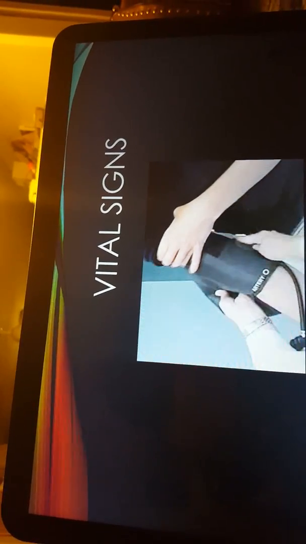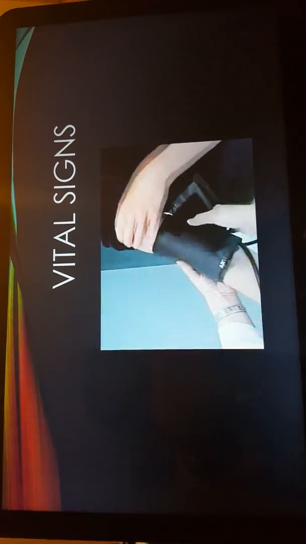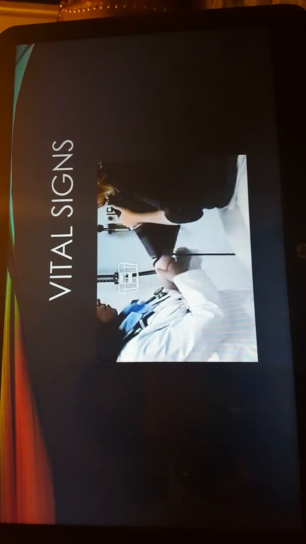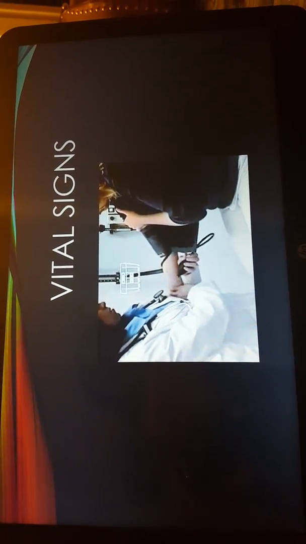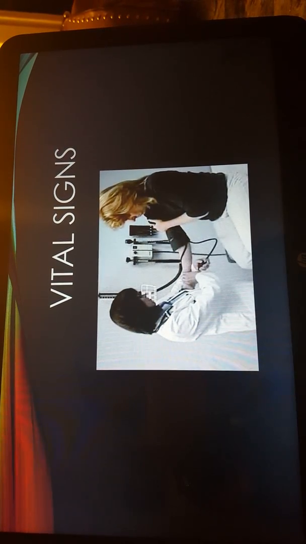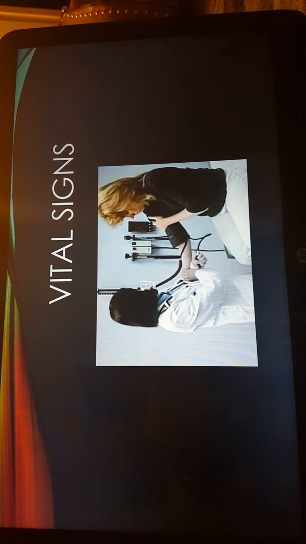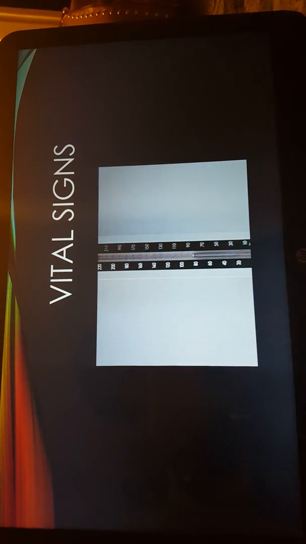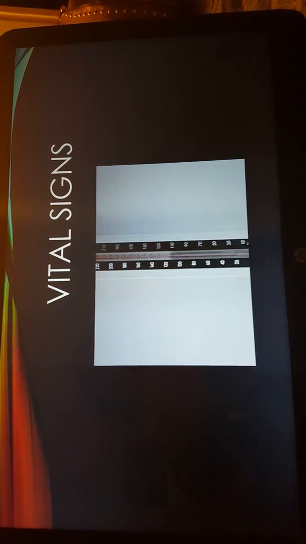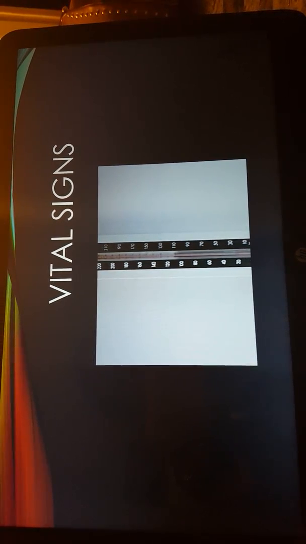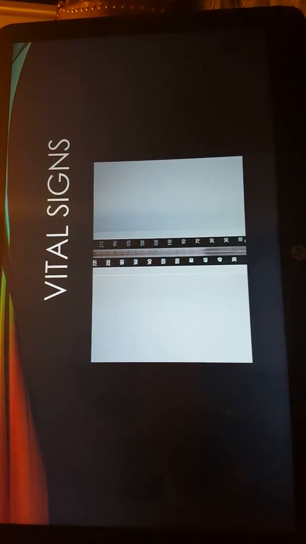Most cuffs have a marking that should be placed over the brachial artery, located towards the medial surface of the cubital fossa. Palpate the brachial artery prior to assessing blood pressure. Support the patient's arm at heart level. While palpating the radial artery, inflate the cuff until the pulse disappears. Deflate the cuff slowly to confirm the pressure at which the pulse disappears. This point is your estimated systolic pressure.